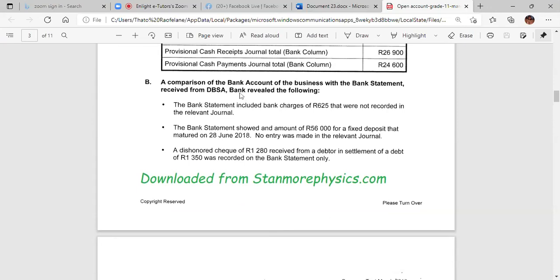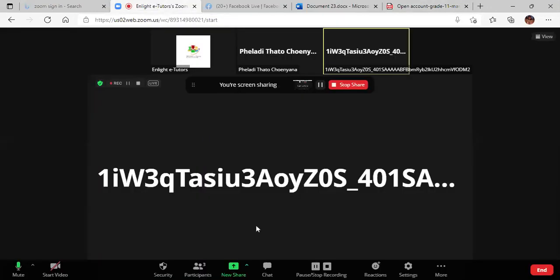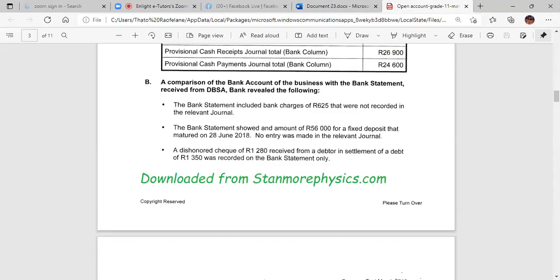So between the cash receipts journal and the cash payments journal, the bank charges are in which journal? Let me see in the chat box so you can tell me. Cash payments. Somebody said cash payments, that person is right. So if something goes into the cash payments journal, obviously it decreases the money we have in the bank, so it's a minus, right?